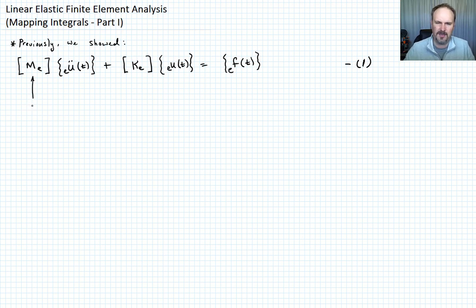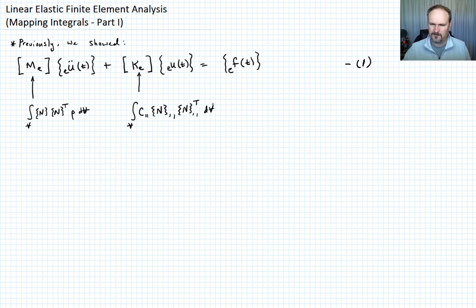Okay. And I'll just remind you what some of the terms in these matrices looked like. So in the mass matrix, for example, we had a term that looked like the integral over the volume of N times N transpose times rho dV. Okay, and inside this stiffness matrix Ke, we had a term that looked like the integral over the volume of, let's say, I'll just pick one integral, C11 times partial of N with respect to x1 times partial of N with respect to x1 transpose, integral over the volume dV.